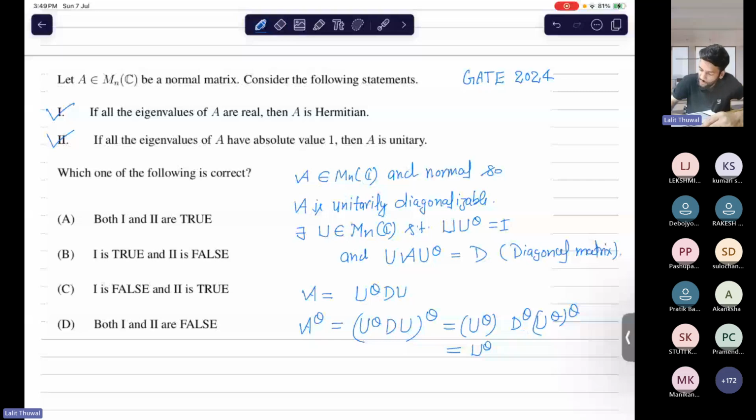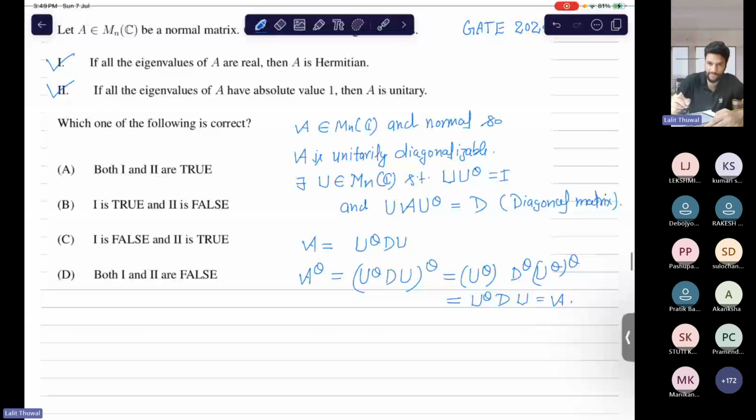So D* is equal to D, a diagonal and real matrix. The transpose of a diagonal matrix is the matrix itself, and the conjugate of a real matrix is the matrix itself. So this is again A. So A is Hermitian, right?